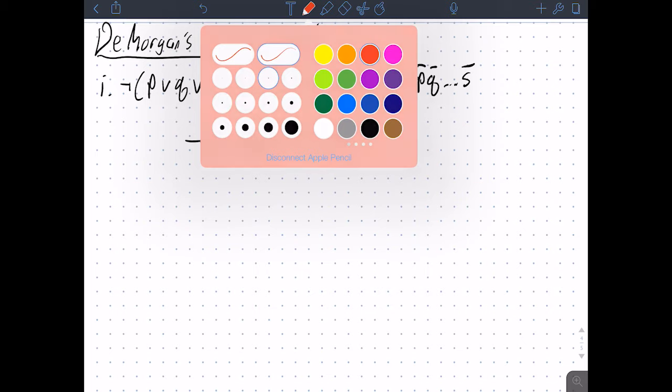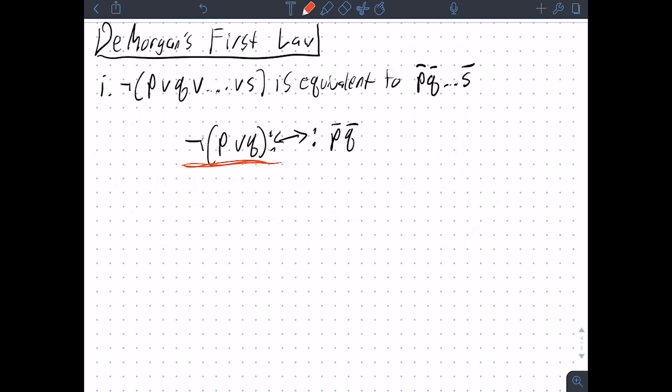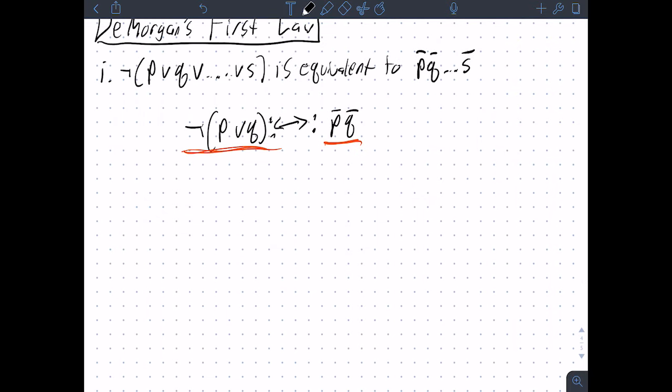So again, the negation of an alternation is logically equivalent to, means the same thing as, if you drop the alternation symbol, replace it with a conjunction, and negate all the original letters, right? This doesn't just apply to an alternation of two letters. So if we have not (P or Q or R), that is equivalent to not P and not Q and not R, right?